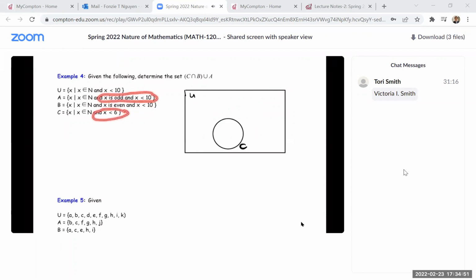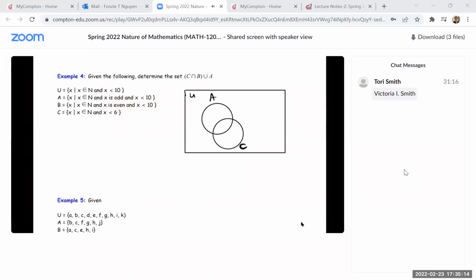Let me see. Looks like they will. And then B and C will also have some numbers in common.